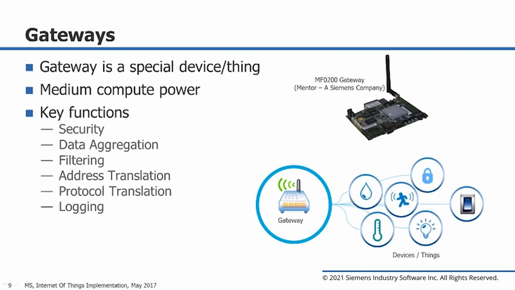For example, if the devices are talking Bluetooth or Zigbee protocol that cannot directly connect to an IP network, gateways in this situation help by receiving data locally on Bluetooth or Zigbee, translating it into IP protocols, and sending it to the remote servers or the cloud. Gateways can also contain some extra functionality, like local logging or network monitoring.